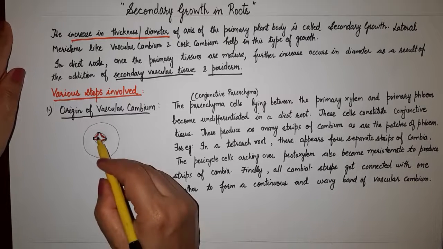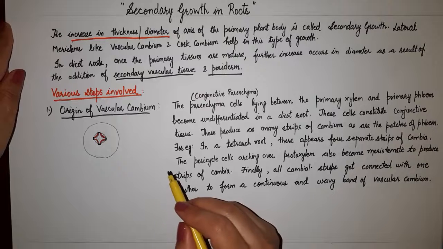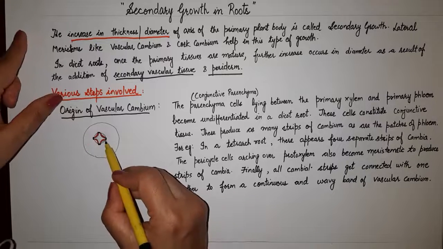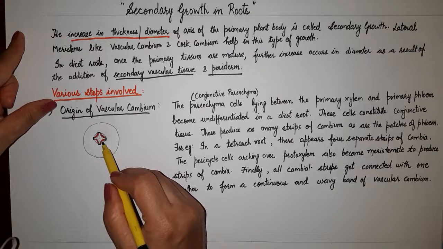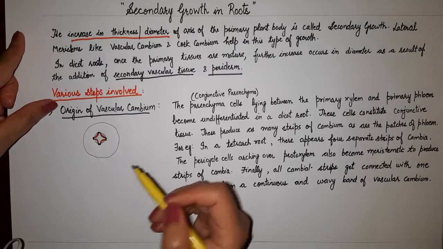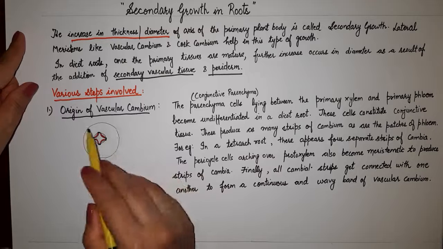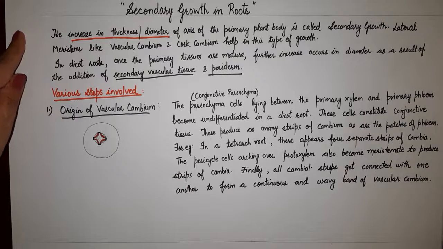Okay, so this is a complete strip of vascular cambium that develops from the region of conjunctive parenchyma and from the cells of pericycle which lie just opposite to protoxylem. So this is the first step, origin of vascular cambium.